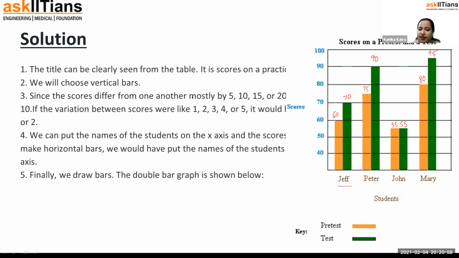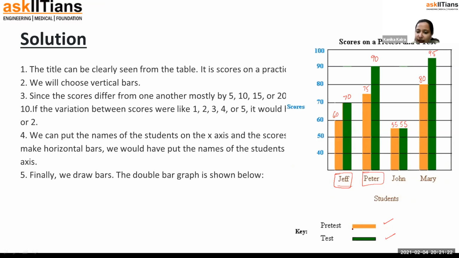All right. So this is how you represent the double bar graph for a single data value. In this, the data value is students, and the frequencies are scores in the pre-test or practice test and the final test. Now, make sure that you draw the key as well. Key means which bar represents what.